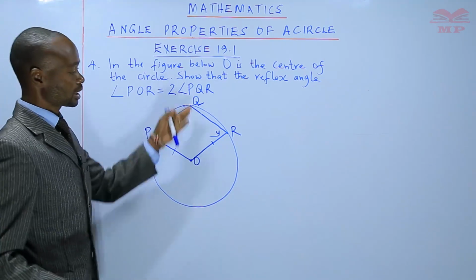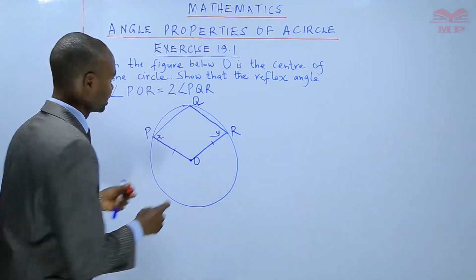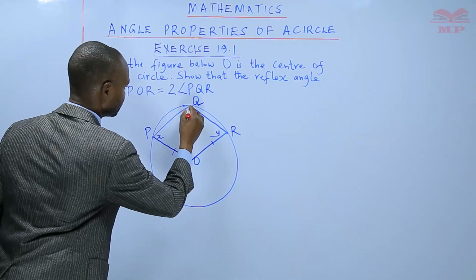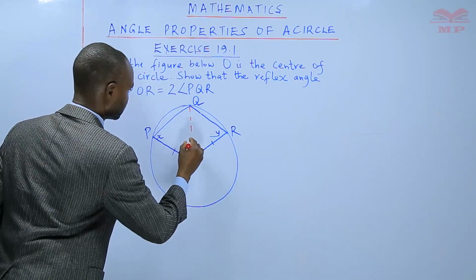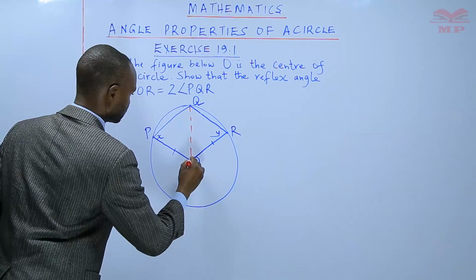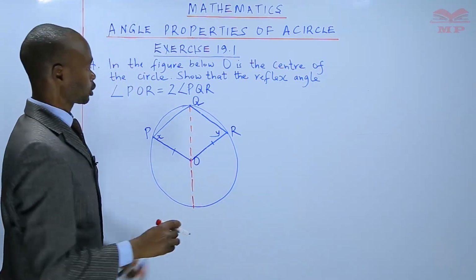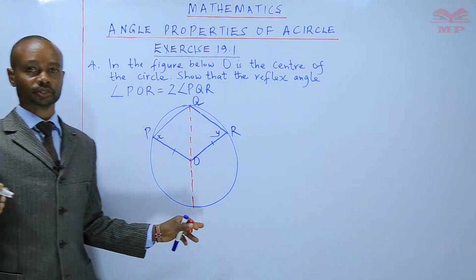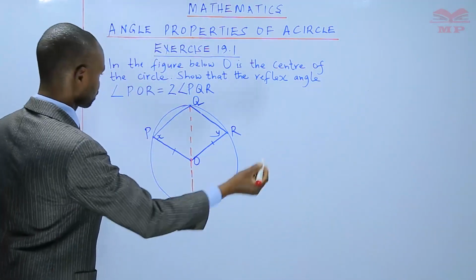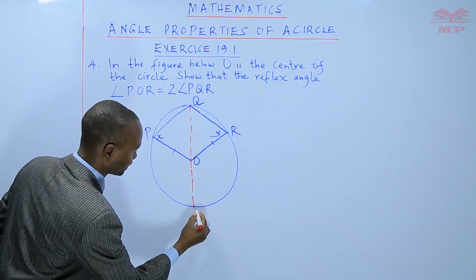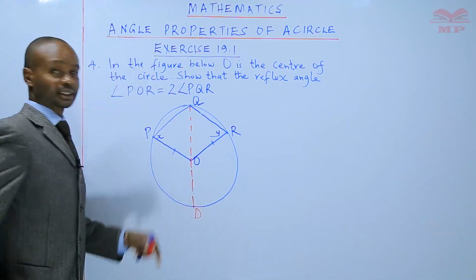It will actually just be like the diameter. So where it touches the circle, I can give it a point D. That is point D.